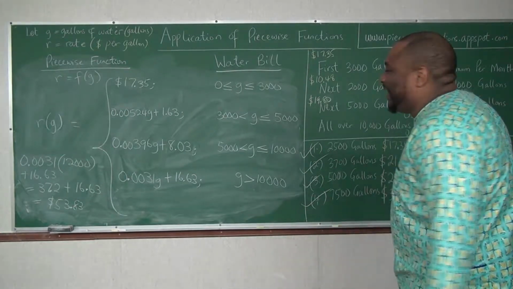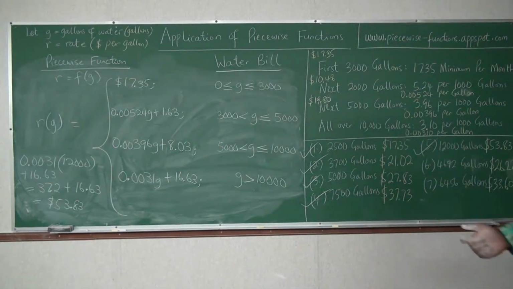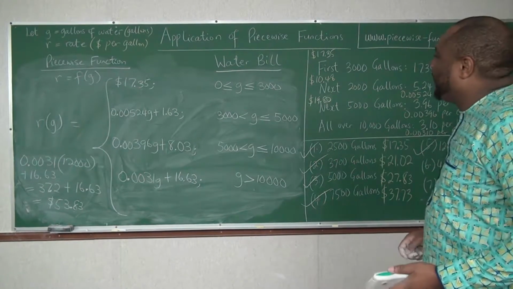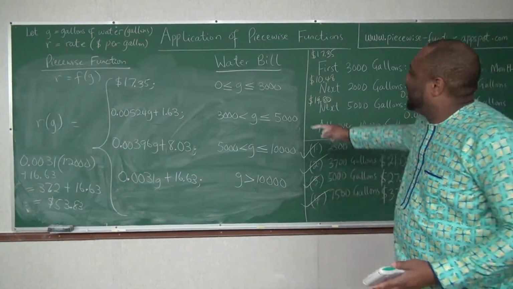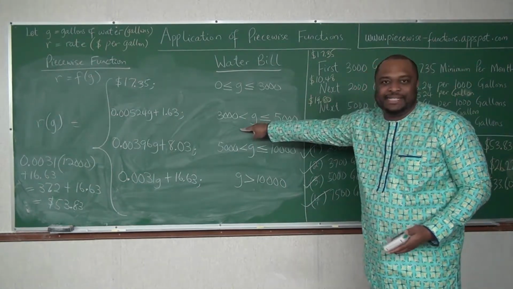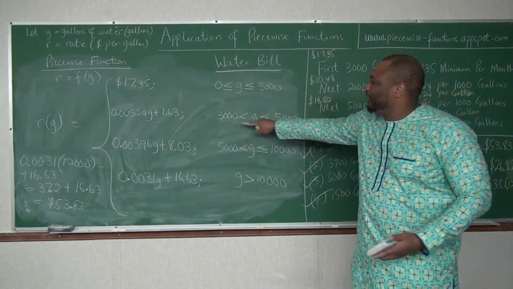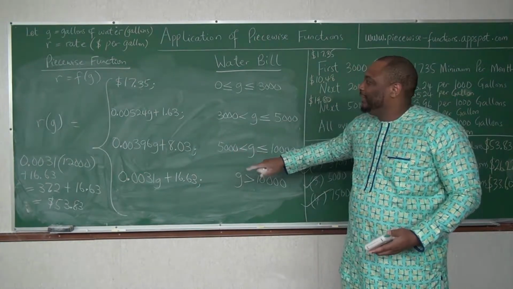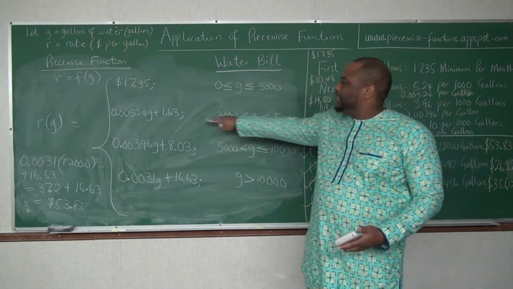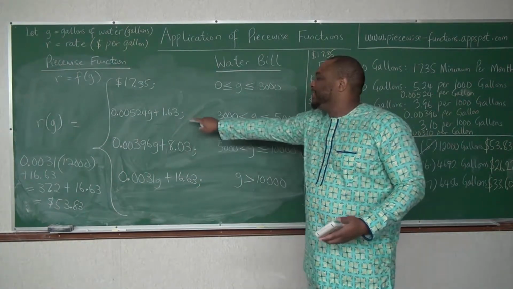Now, the next one, 4,692 gallons. What piece? 4,692 falls in this piece. So you use this function for it. You remember these are linear functions. So you use this piece for it.